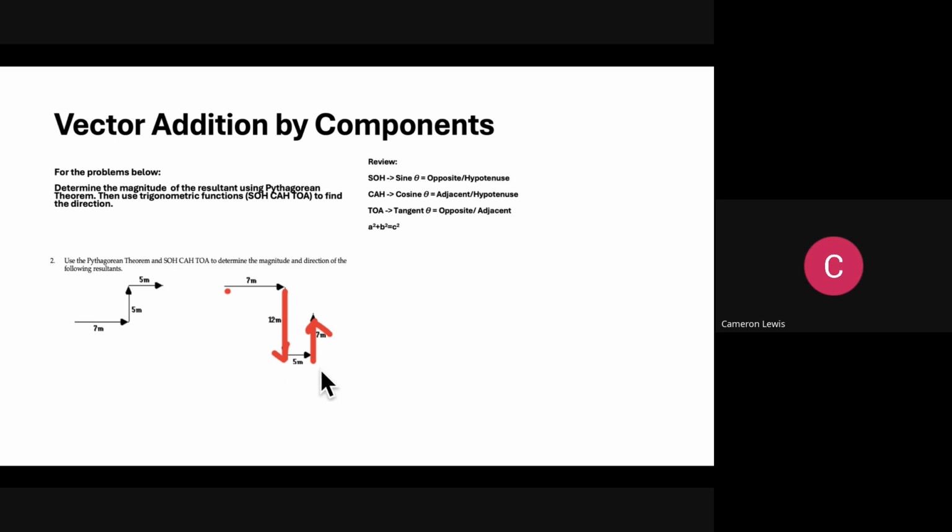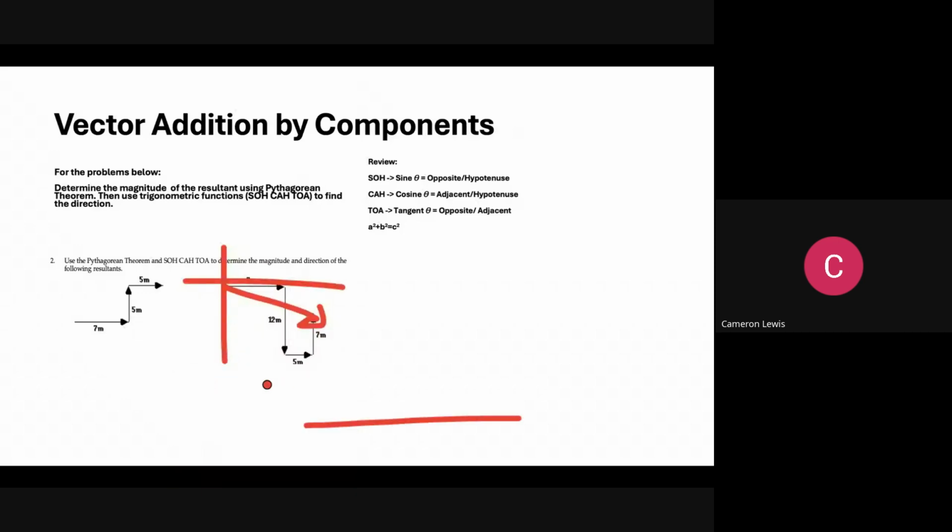Now let's think about that. What does it mean if it's negative 5 in the north and south? It's going south 5. Here's my resultant vector. What direction is that? South, east. Southeast. All right, so let's add this together and make our triangle, right?